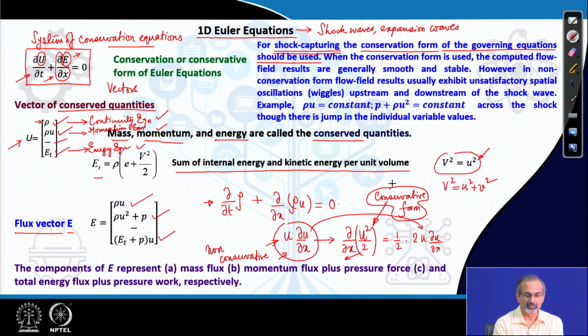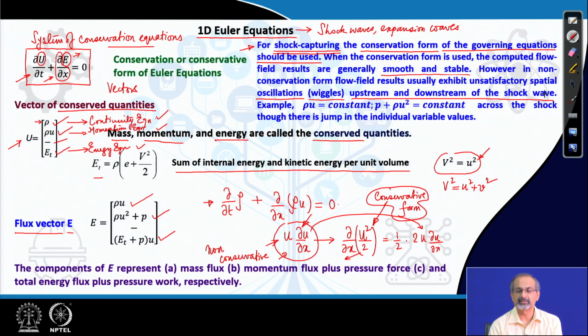So, here we are going to use the conservative form, and remember that when we want to capture the shocks, the conservative forms are always more preferred. The solutions in such a case are more smooth and stable, while if you want to use the non-conservative forms, where terms like this may be there in the governing equations, then there could be oscillations or wiggles upstream and downstream of the shock.